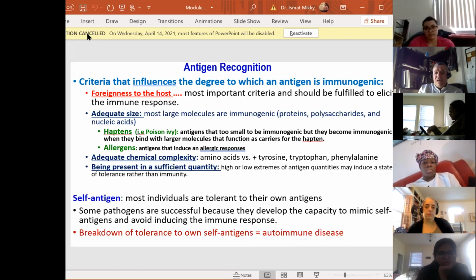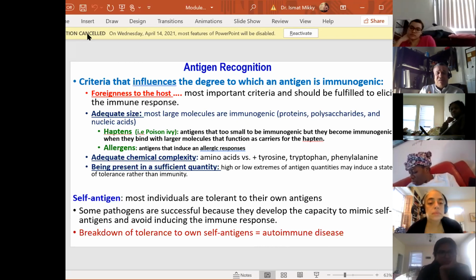So the criteria that influence the degree to which the antigen is immunogenic. For the antigen to be immunogenic means it is able to elicit the immune response, either T cells or B cells. B cells, antibodies production, or T cells, cytotoxic T cells, direct destruction of the antigen, so of the foreign body. First of all, the immune system is supposed to recognize the antigen as a foreign body.